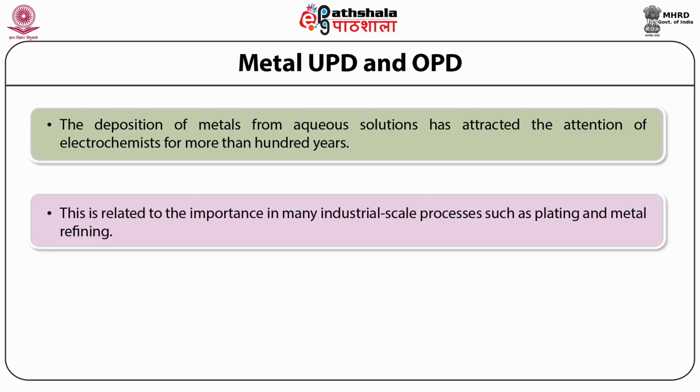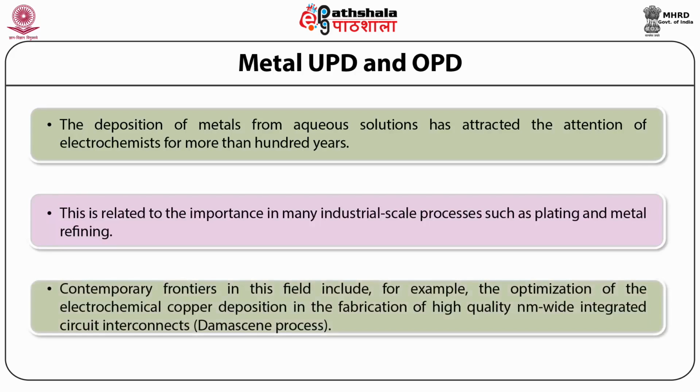This underpotential deposition and overpotential deposition of metal has found a great deal of applications as far as the role of electrochemists is concerned, and this is being utilized in this technique very extensively. Contemporary frontiers in this field include, for example, the optimization of electrochemical copper deposition in the fabrication of high quality nanometer wide integrated circuit interconnects. This is in technical terms known as the Damascene process.